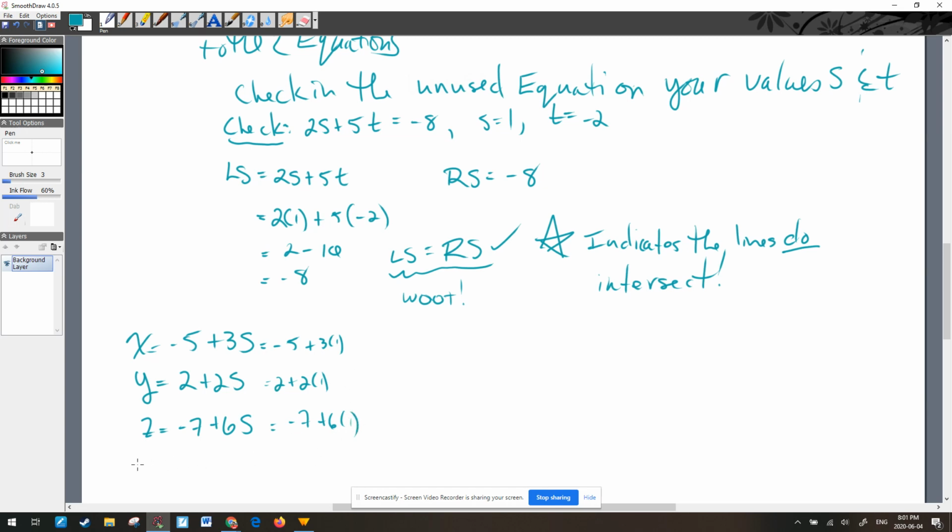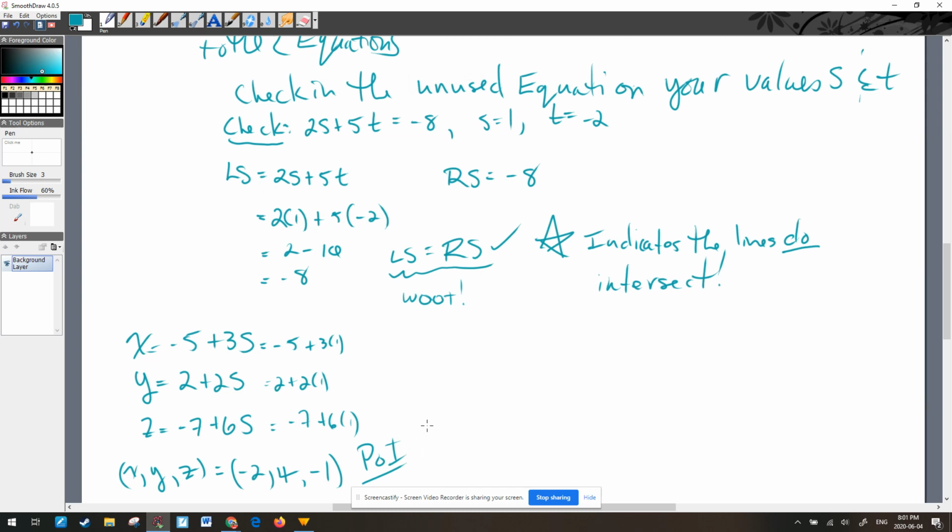And so that means that my ordered pair, or my ordered triple, excuse me, x, y, z is equal to negative 2, 4, and negative 1.